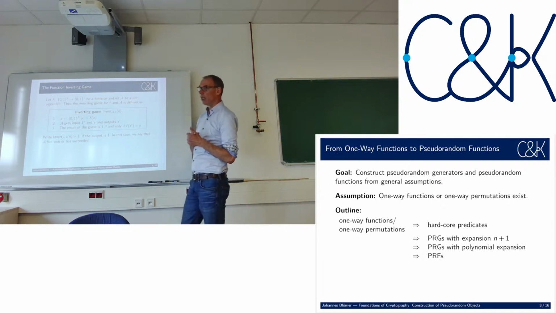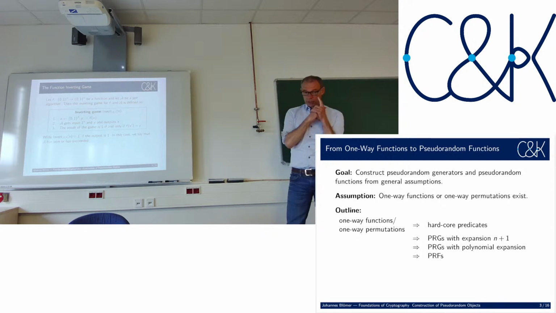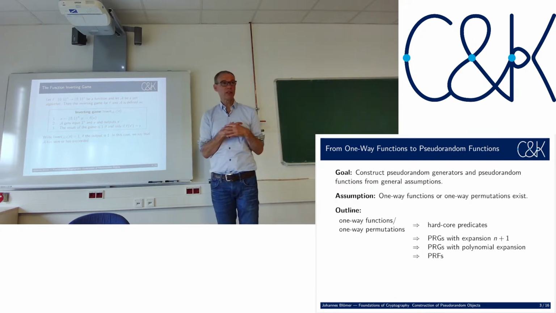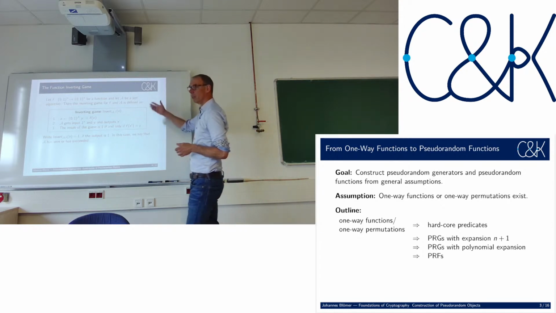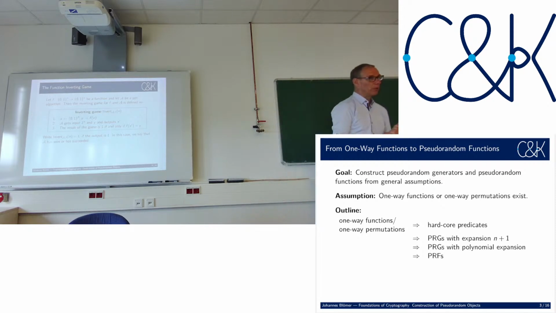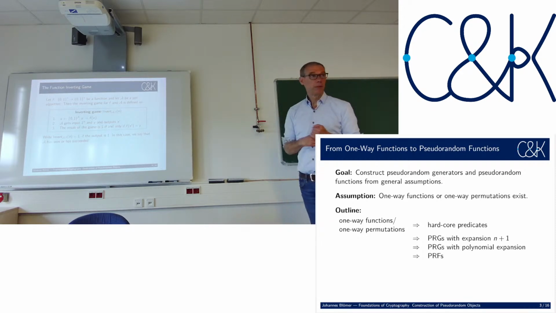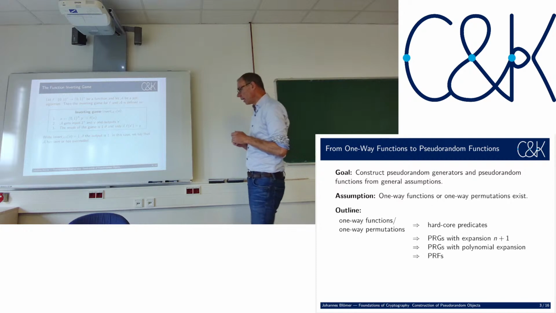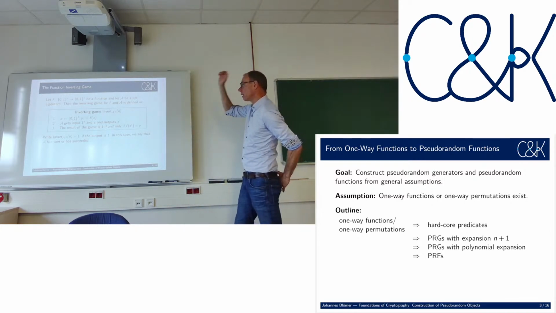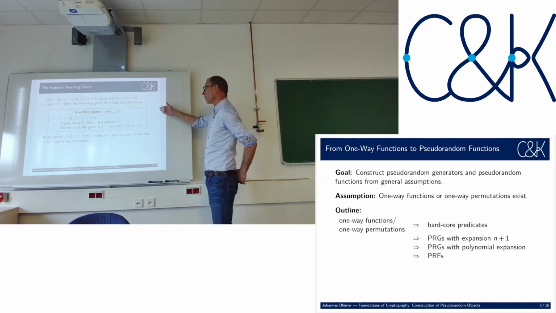And to formalize this hardness of the reverse, inverting direction, as we always do in this course, we use a game, the so-called function inverting game. So this is about defining one-way functions, and we do that with this inverting game.